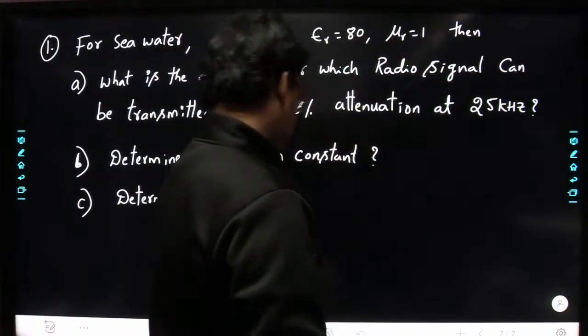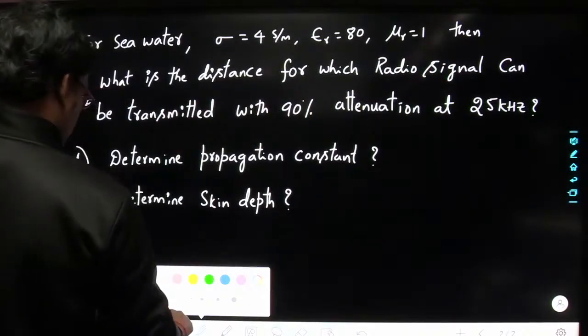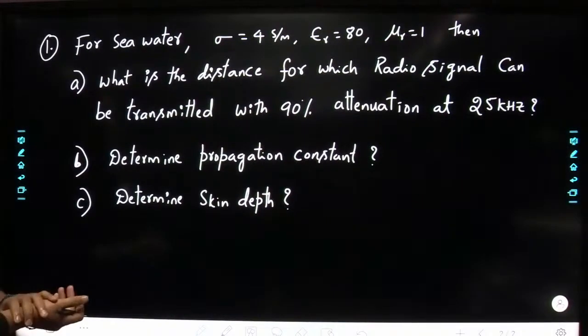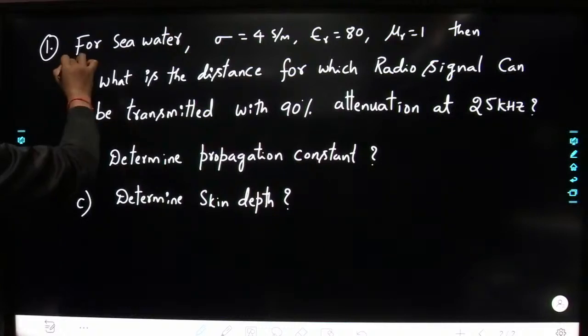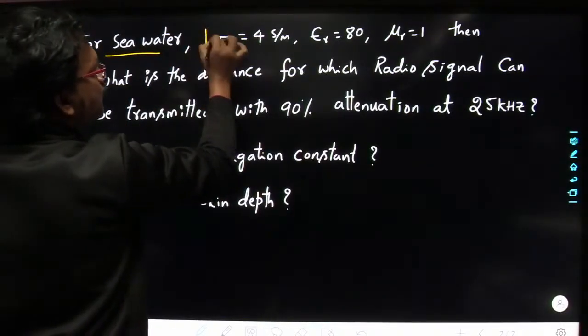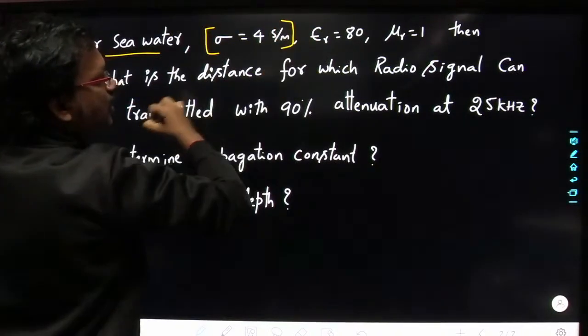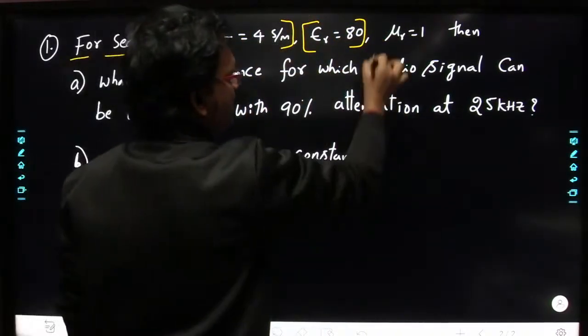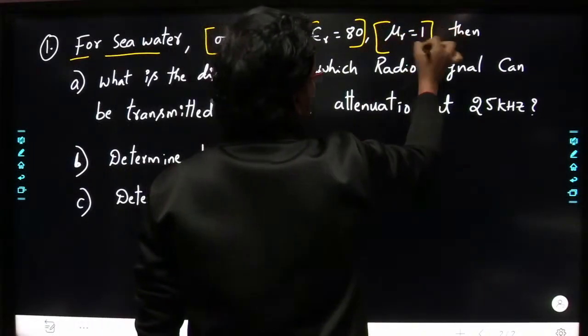So, this is the problem they have given. You have to write down the problem. For seawater, conductivity is equal to 4 7 per meter, epsilon r, relative permittivity, is equal to 80, and relative permeability is equal to 1.